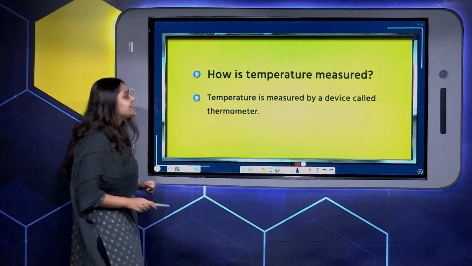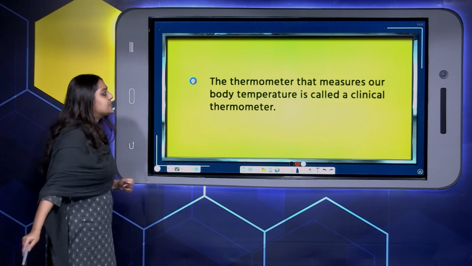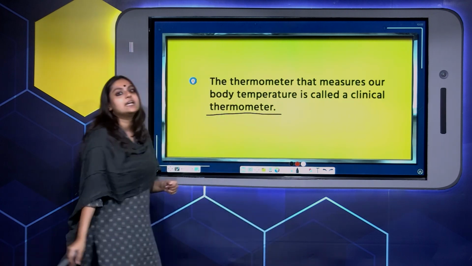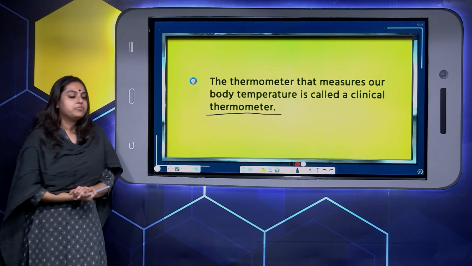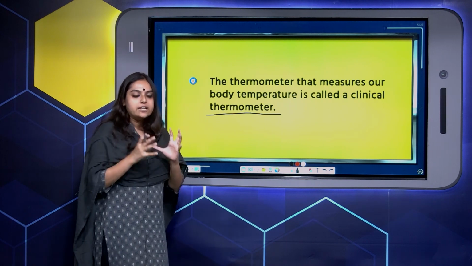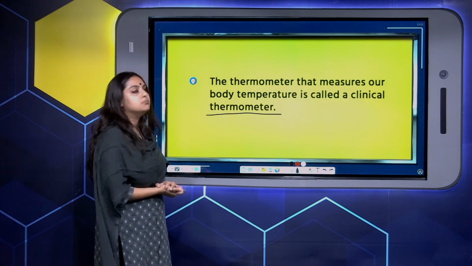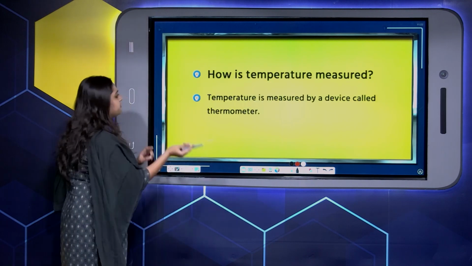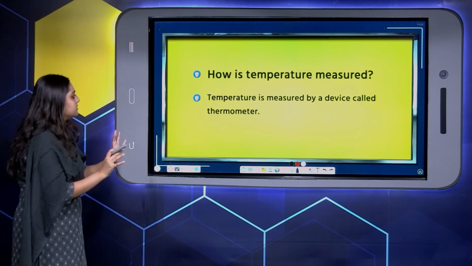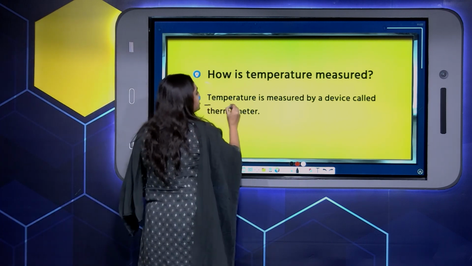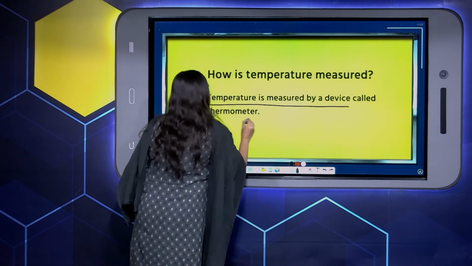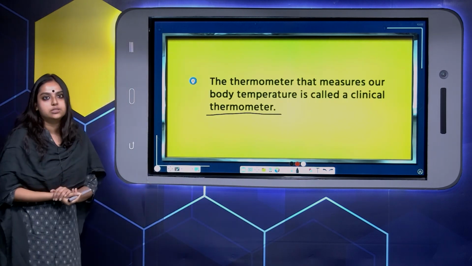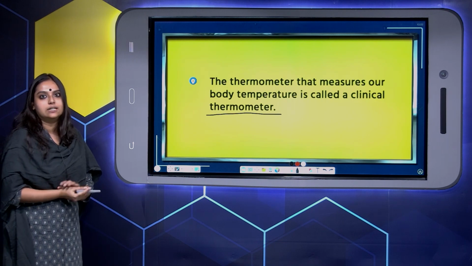Remember, your mother gives a, what is it called? Coming to the next slide, it is called thermometer. So, thermometer is basically an instrument that measures temperature. Temperature is measured by a device called thermometer. I went to the next slide first because I was giving you the example on fever.